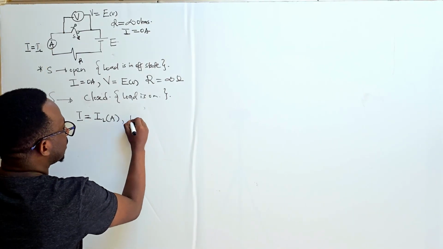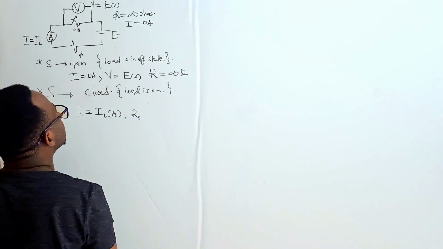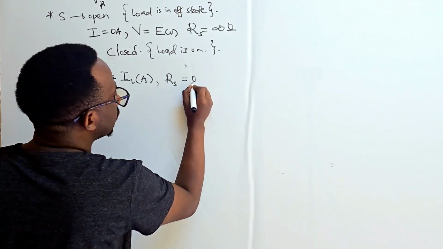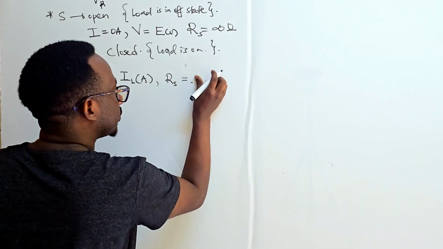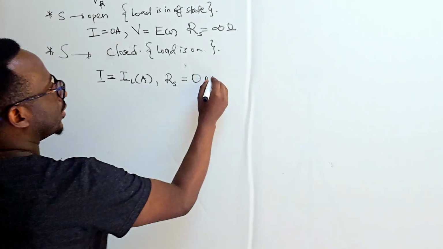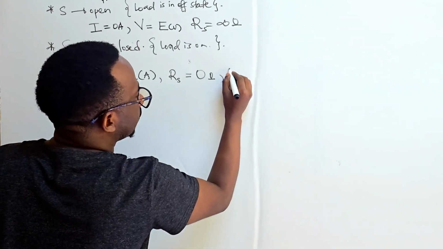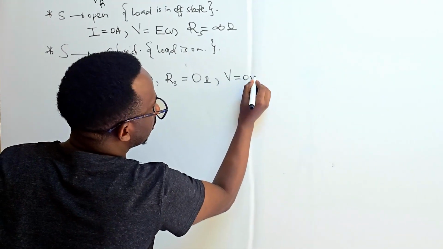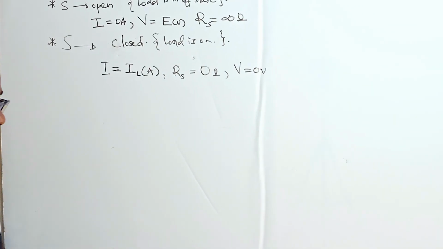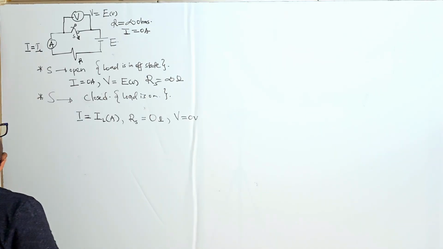But now the resistance across the switch, let me call it RS, RS is equal to 0 ohms. Then the voltage drop across the switch is equal to 0 volts. So the switch has no voltage drop across it. Exactly.